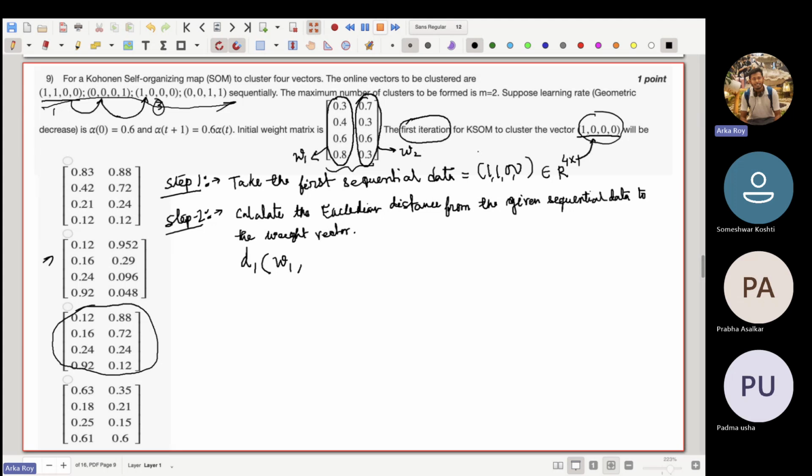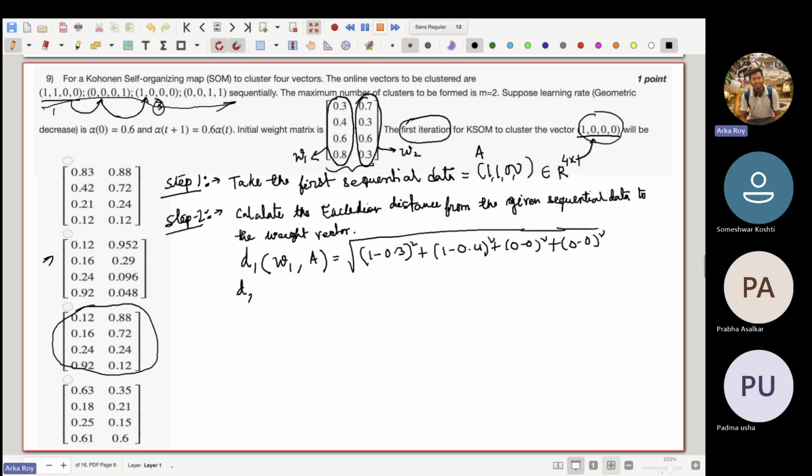Over here, let me name it A. A is basically my input data 1100. So I will calculate the Euclidean distance. That means I can write (1 minus 0.3) square, (1 minus 0.4) square, (0 minus 0) square, then (0 minus 0) square.